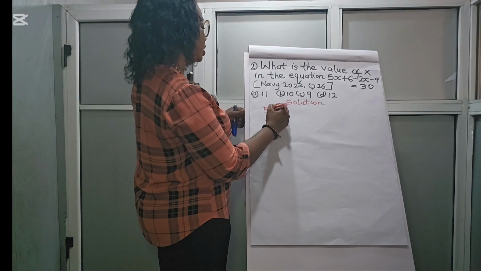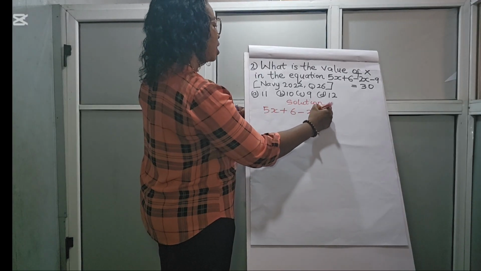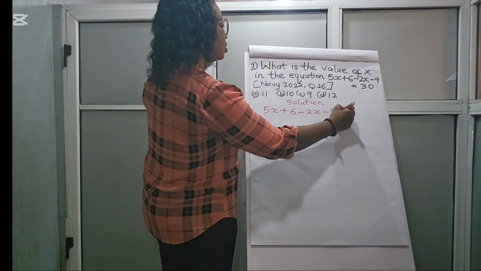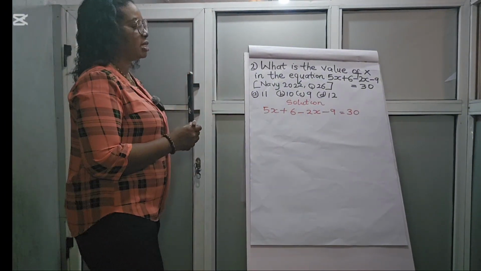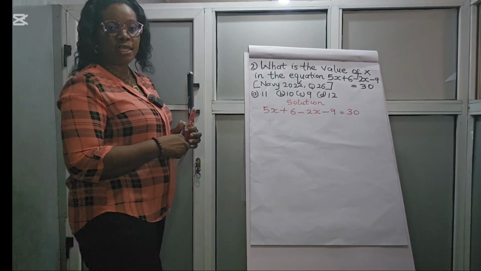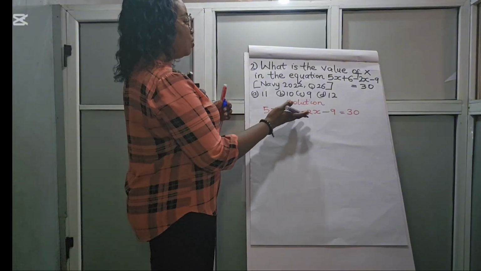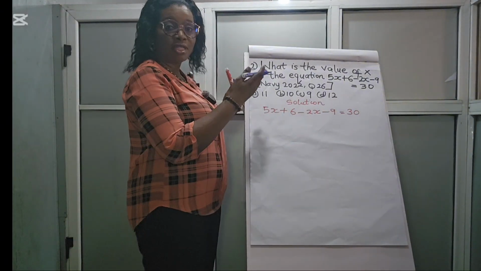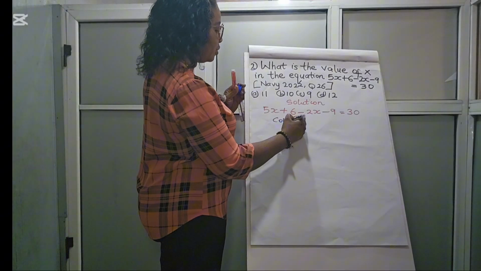question 26. As you can see, writing out the equation before solving, we have here 5x plus 6 minus 2x minus 9 equal to 30. The first thing we do here, this is also an example of a typical algebraic equation question, is to collect like terms.